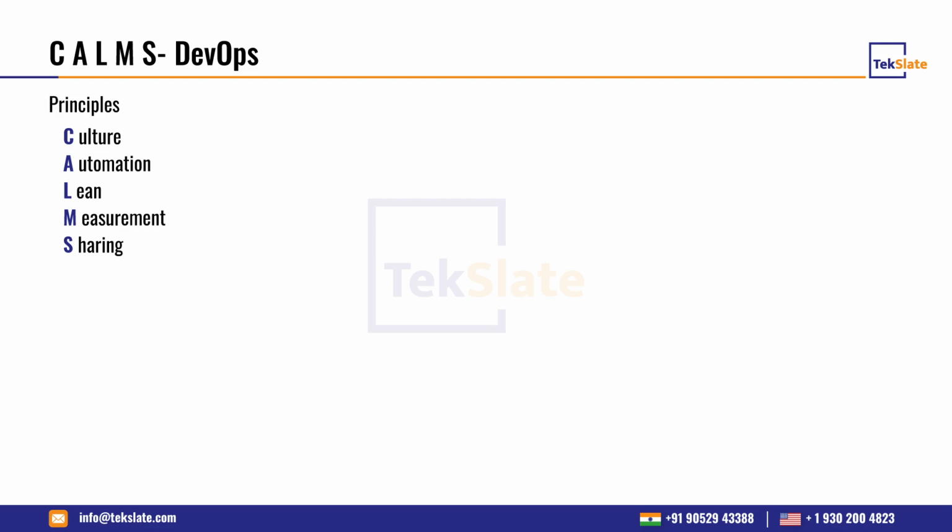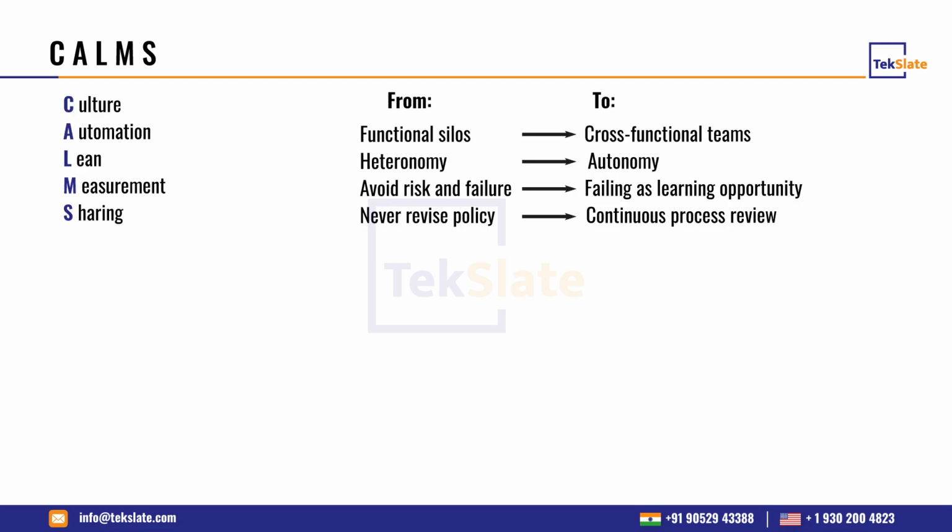Let's start with culture. What change do you need when going on a DevOps journey, the transformation within your organization? The first one is culture. You have to change from functional silos to cross-functional teams. You have to include lots of people with different skills in one team. Heteronomy to autonomy: these teams should have autonomy to decide on some things. And a very important thing: you have to change your mindset about avoiding risk and failure, to seeing failing as a learning opportunity.